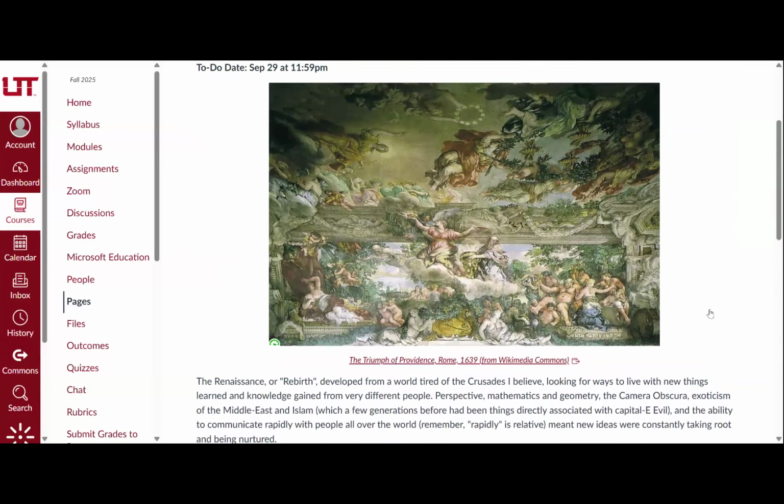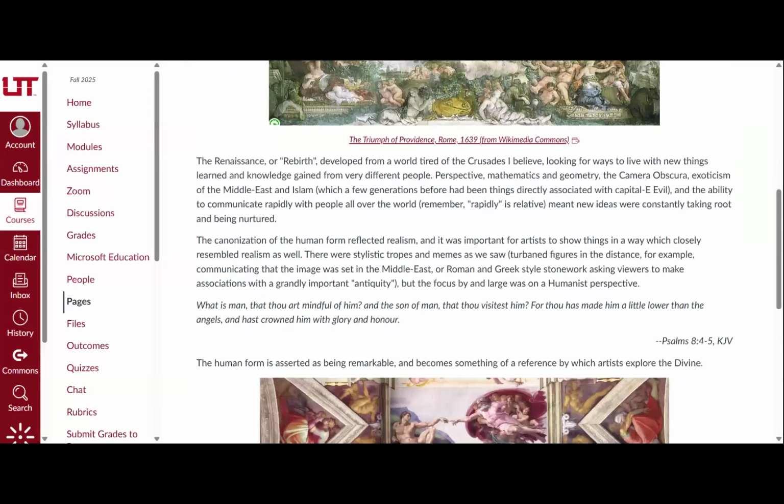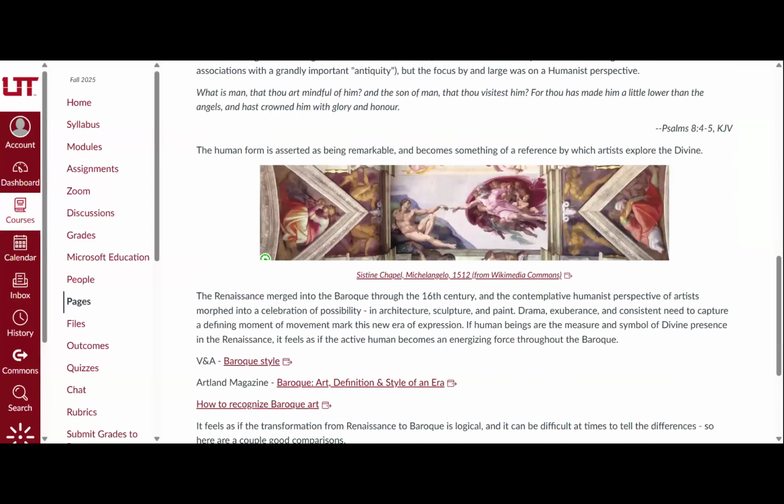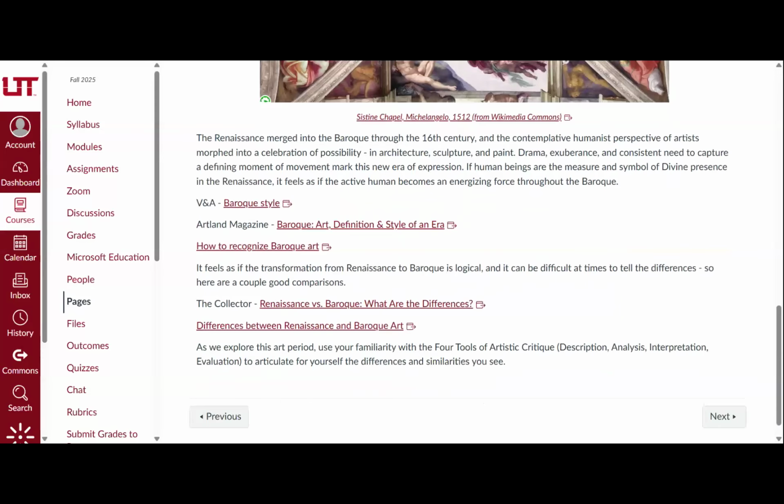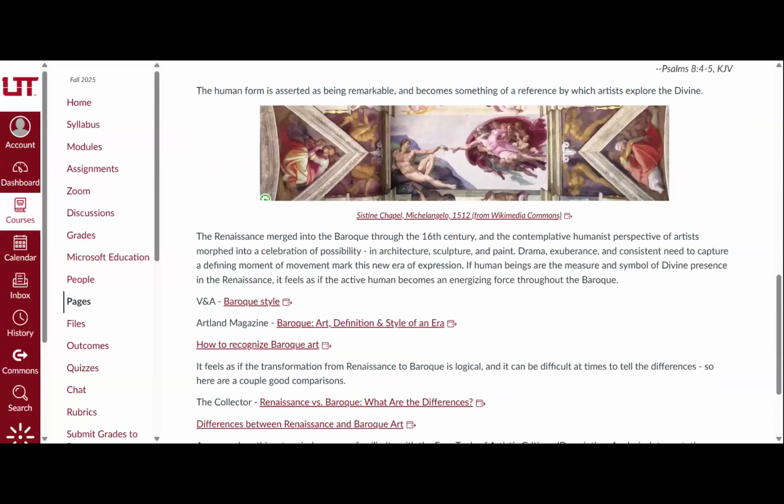There's a couple things that I think really stand out to me that I hope you guys can see, and we're going to look at both the painting and the sculpture, and we're also going to be looking at the architecture as well and look at the differences.